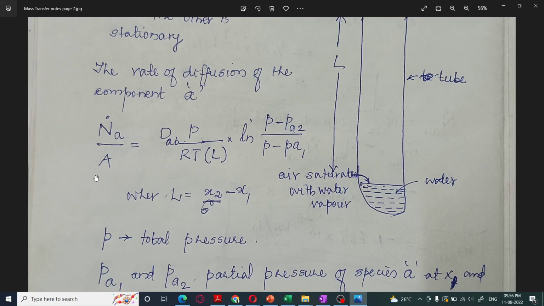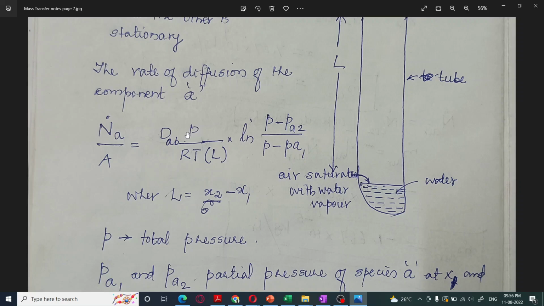So water is our component of interest. Here understand that water vapor or water molecules are a very minor component. So this minority component is our interest. We want to calculate the rate at which water is evaporated into dry air without any wind or without any air movement.